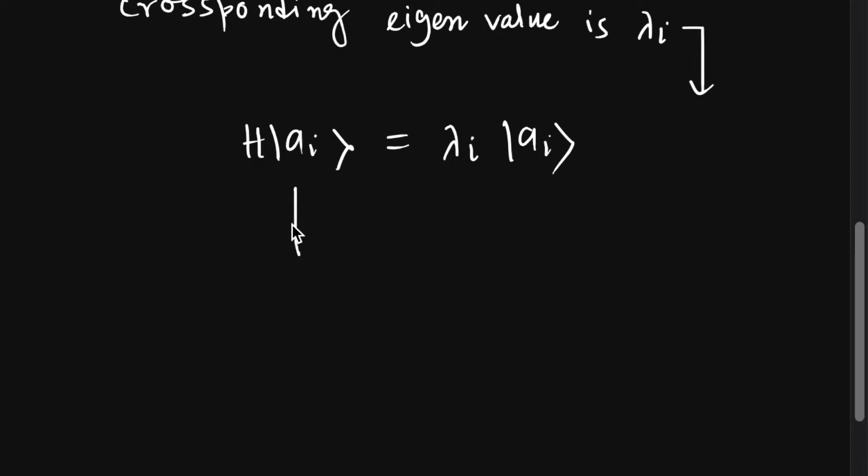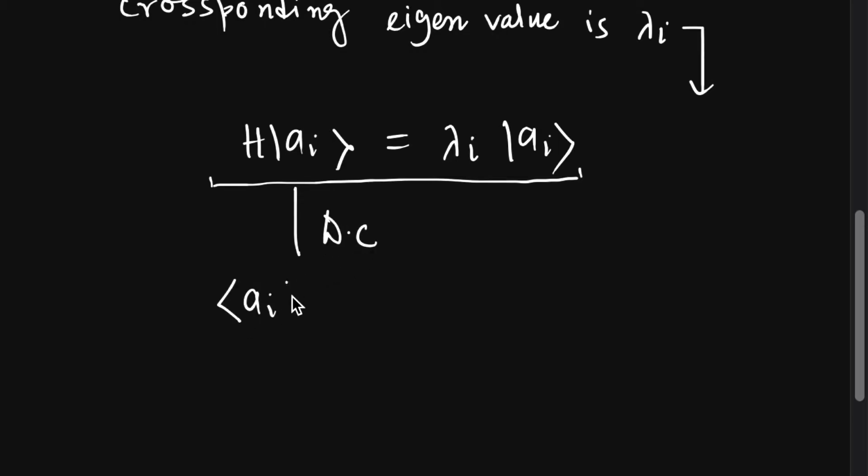Now the dual correspondence of this relation will be <ai|H dagger equal to <ai| lambda star.